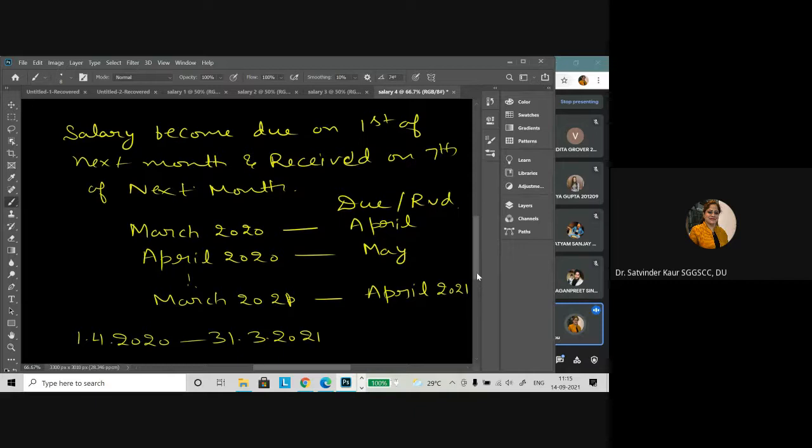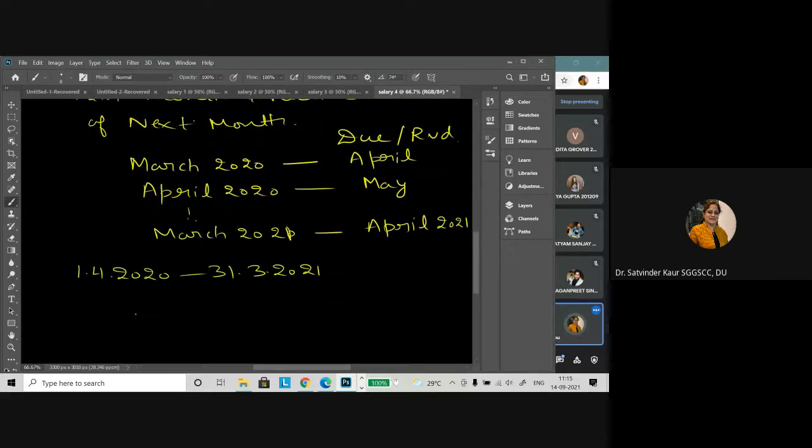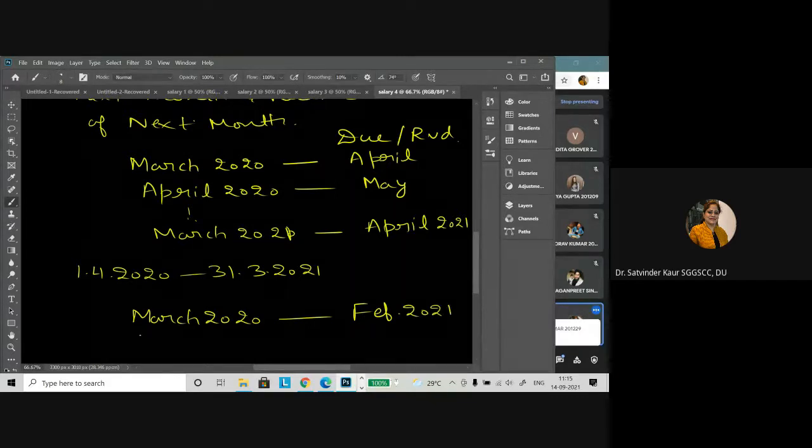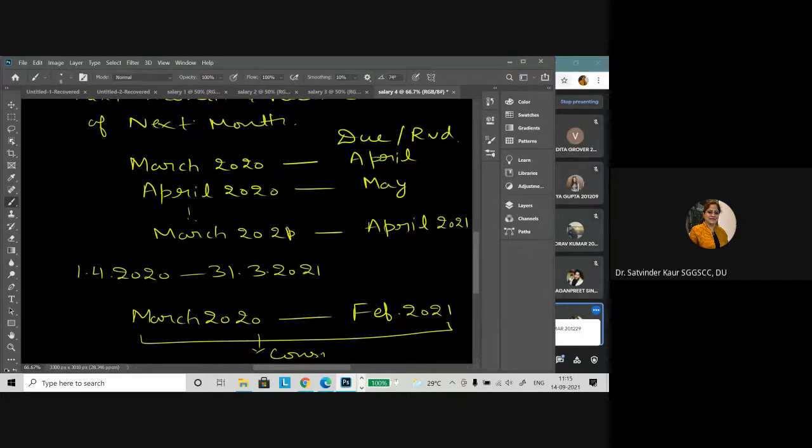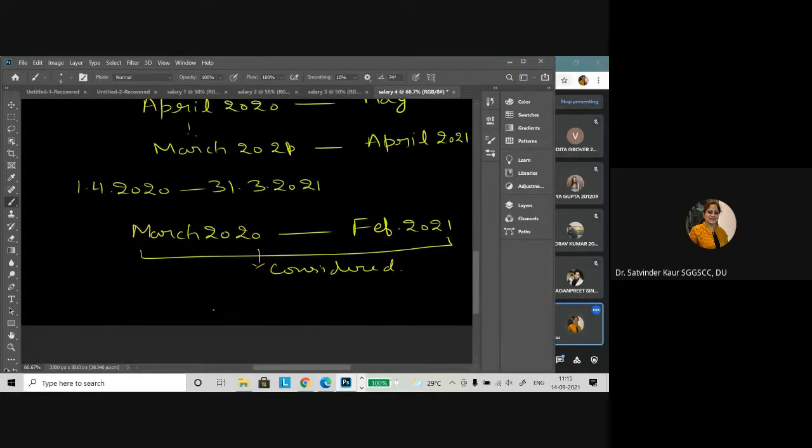So it means that in this particular case, salary of Feb 2021 will be taken into account. This will be considered, right? Reason is that salary is taxable on the basis of received or due basis, whichever is earlier.